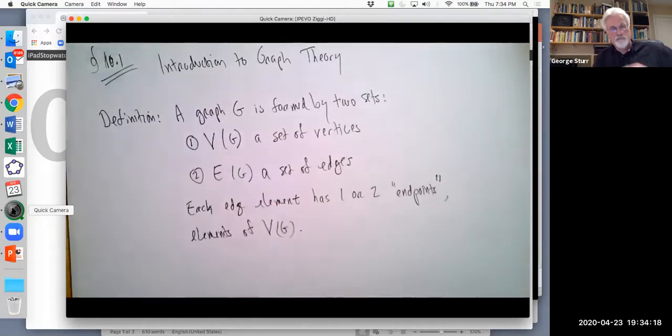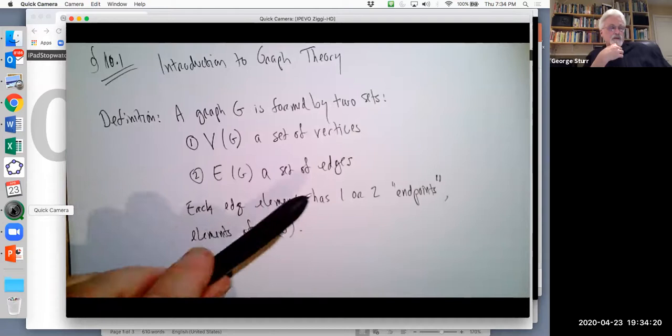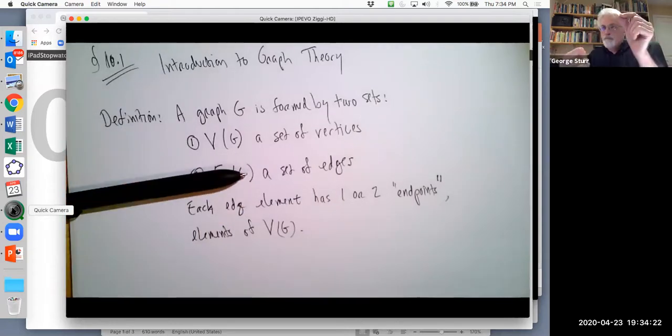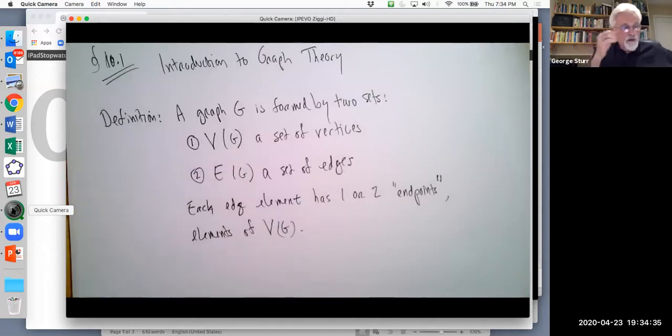But that makes sense because what's an edge? As you saw in my pictures, it was some sort of arc or a line that we'll say connected two points. So we want to say that each edge is going to have two of these endpoints, or maybe just one if the edge circles back and forms a loop and comes back to the same point.